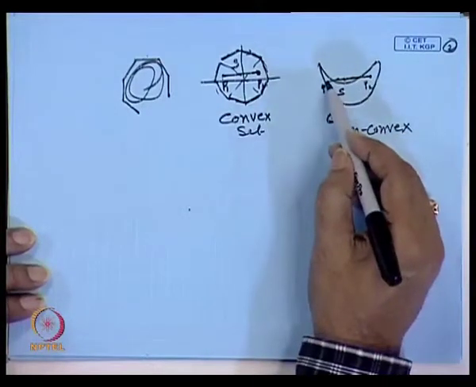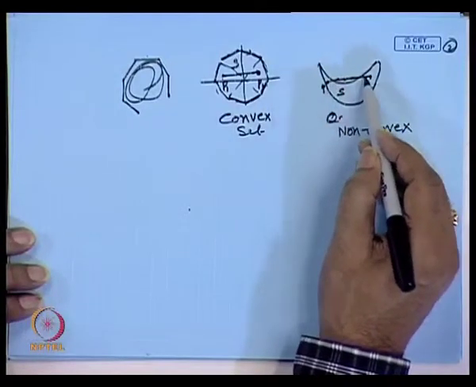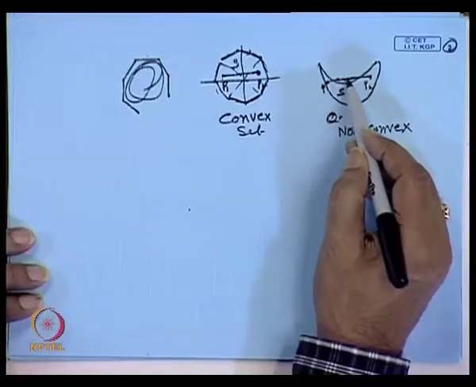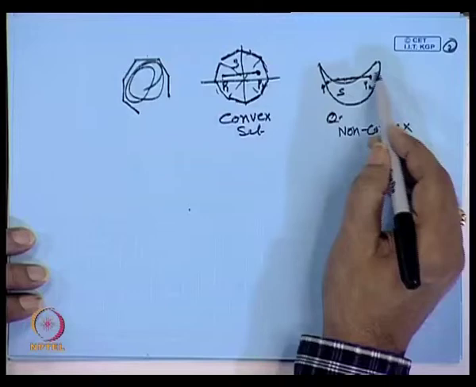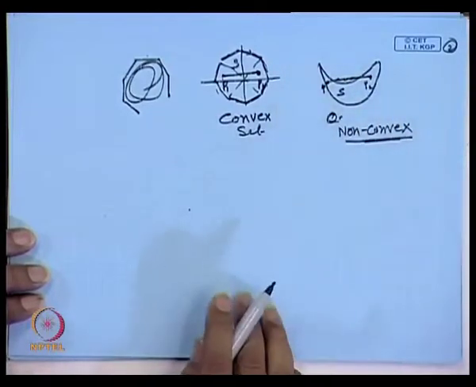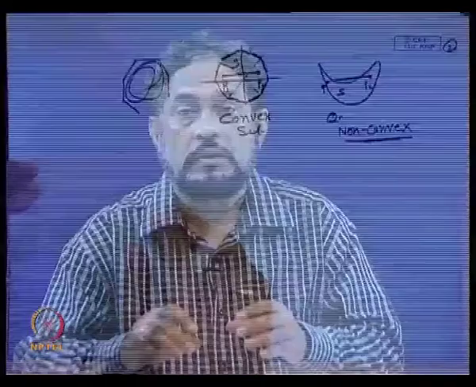So, in this set, this is the point, this is the point. If you join these 2 points, considering it as a chord, any point on this line does not belong to that set. So, this is not a convex set, it is a non-convex set. Geometrically, if you have a set and you join 2 points in that set, you will form a chord.